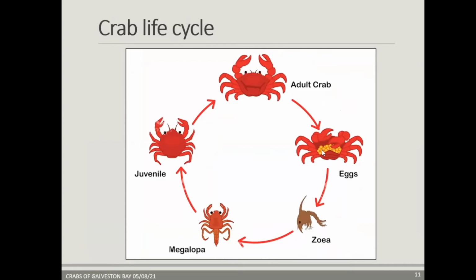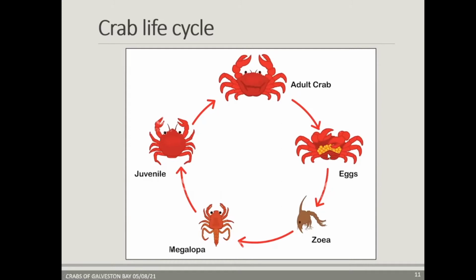But the females have internal fertilization, and then the females will basically capture the eggs, and she sticks them together in a sponge, they call it, or berries under her abdomen.